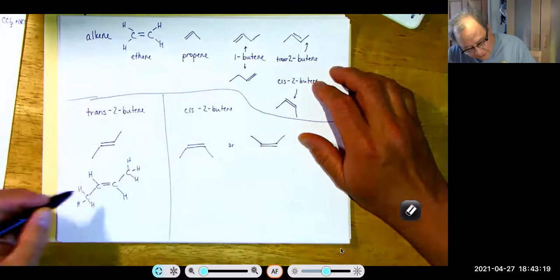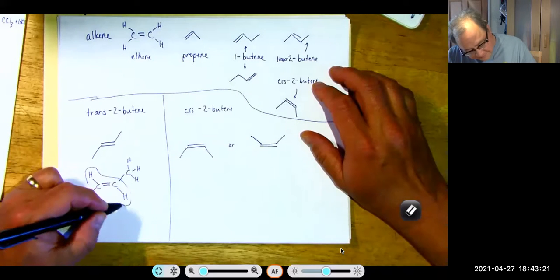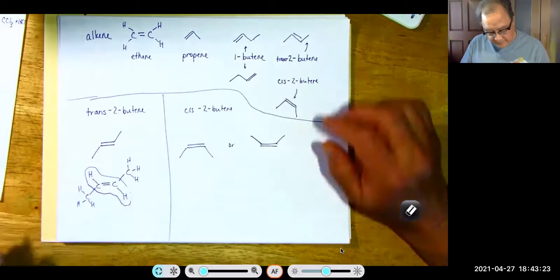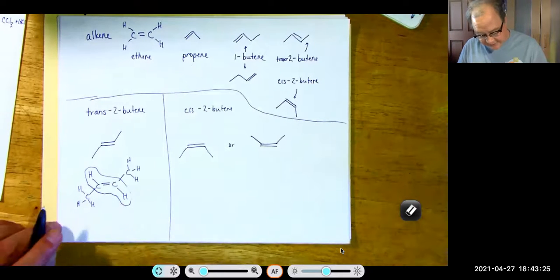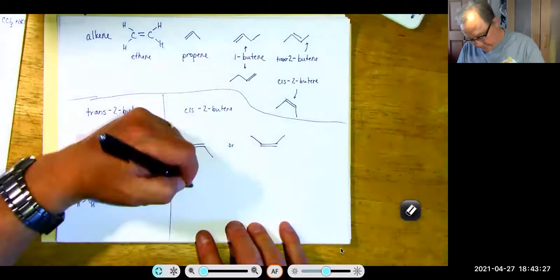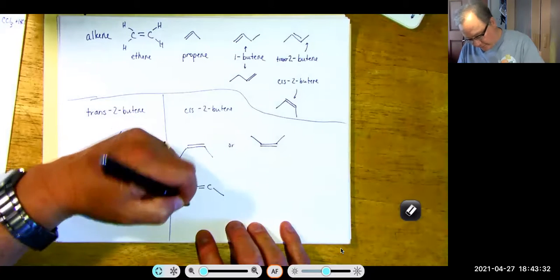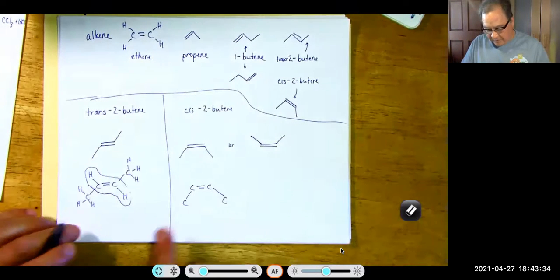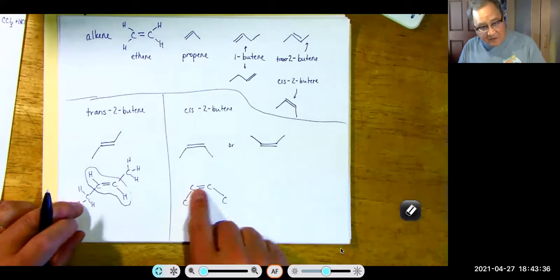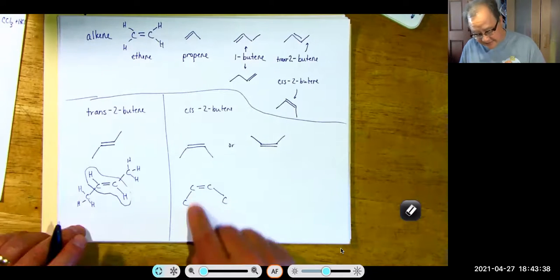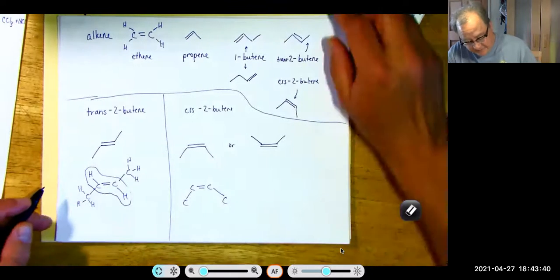Now I want to focus on this part right here. This is a trans. Now, do you guys see why I have the carbons where I have them for this one? Yeah.